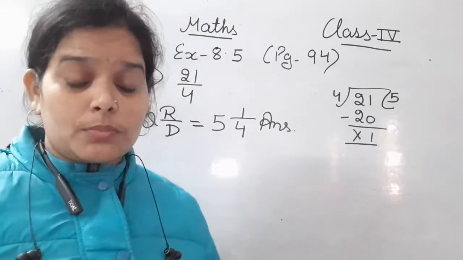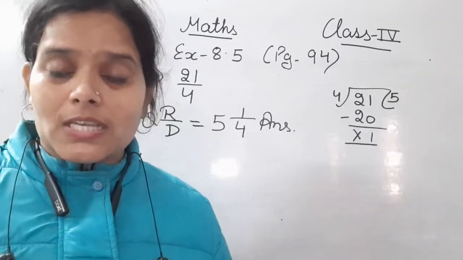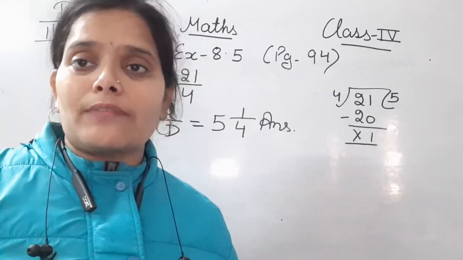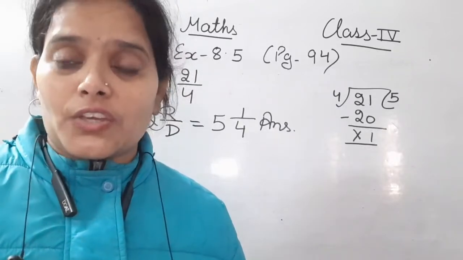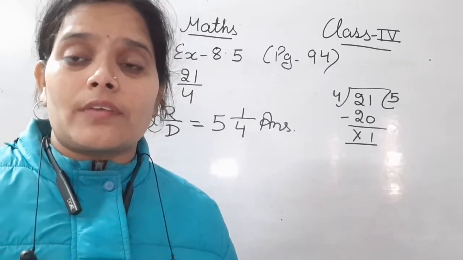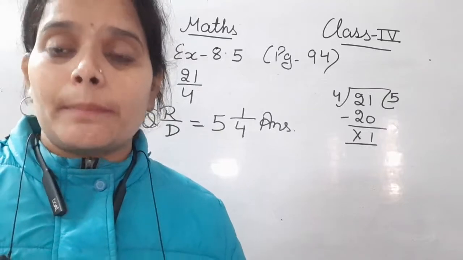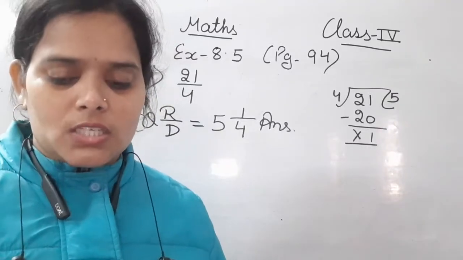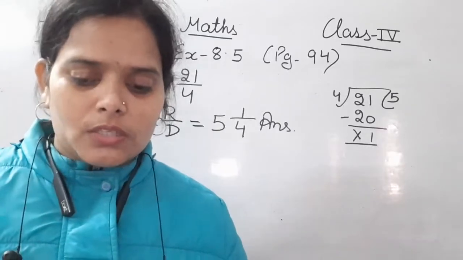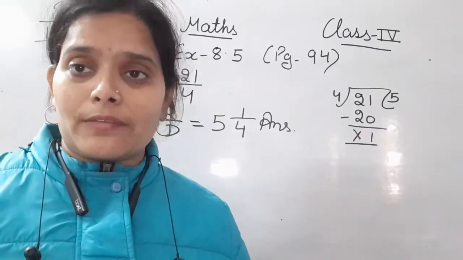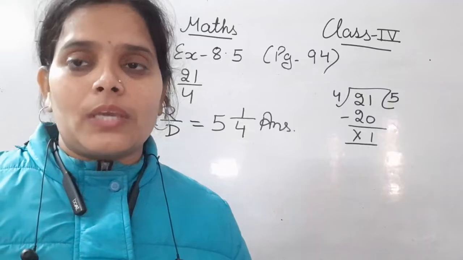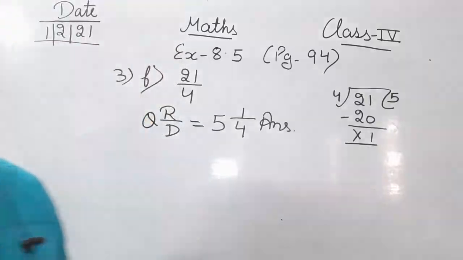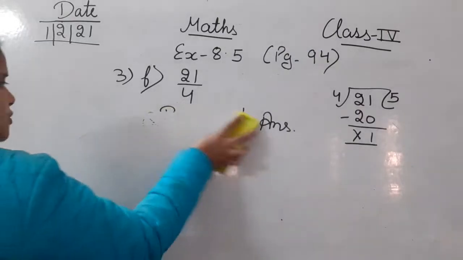The two fractions in each part are given, and we have to compare the fractions and tell which one of them is greater. चलिए moving next to question number 4.